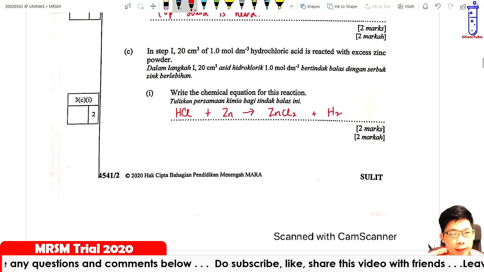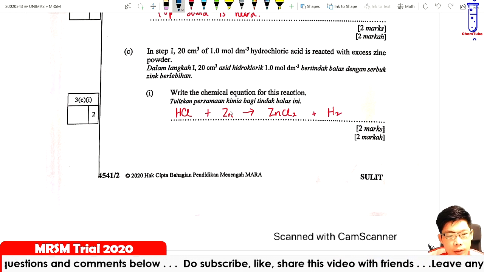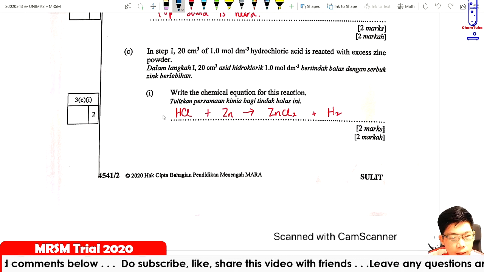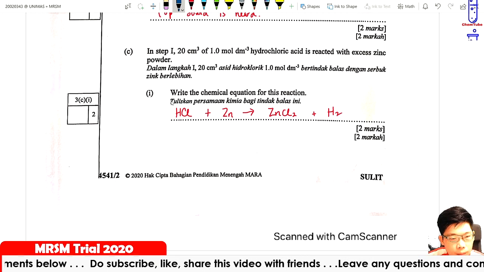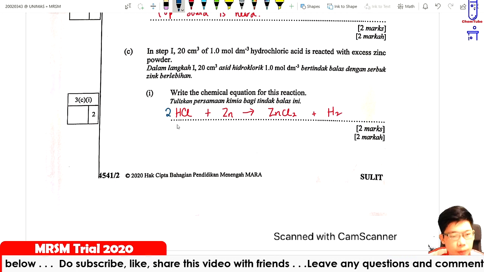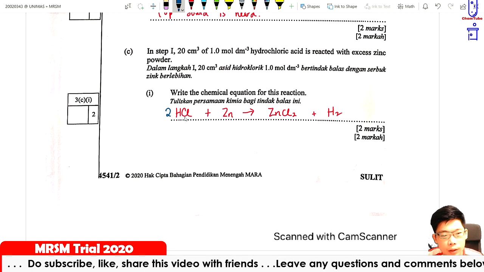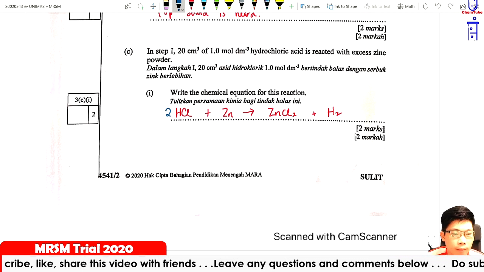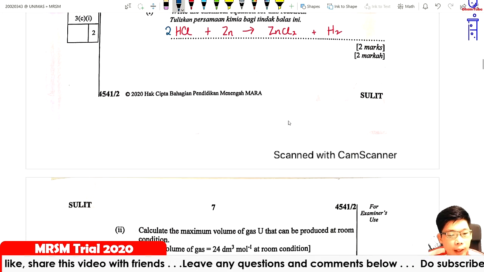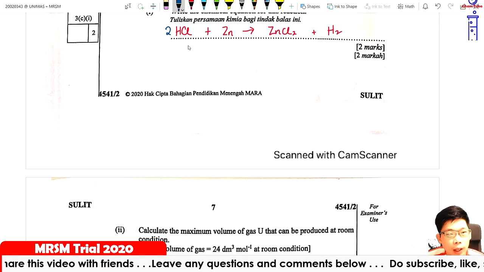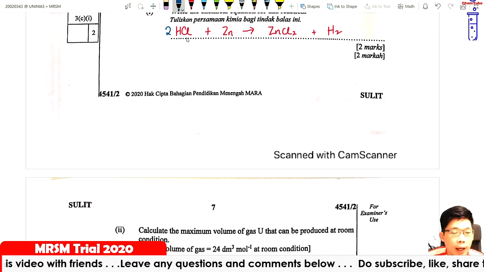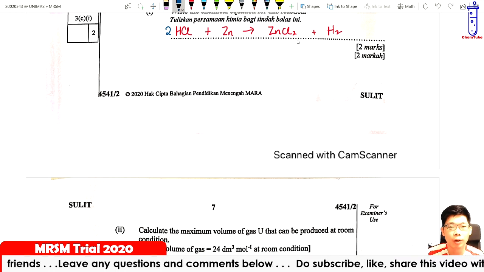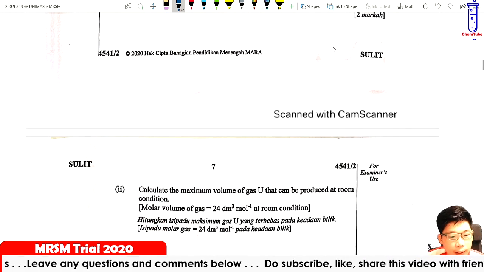So we have to balance the chemical equation here. Hydrogen 2, here 1 only, so this one times 2. So we can double check chloride, so it's 2, and then it's balanced. So 2 hydrochloric acid react with zinc, produce 1 mole of zinc chloride and hydrogen gas.